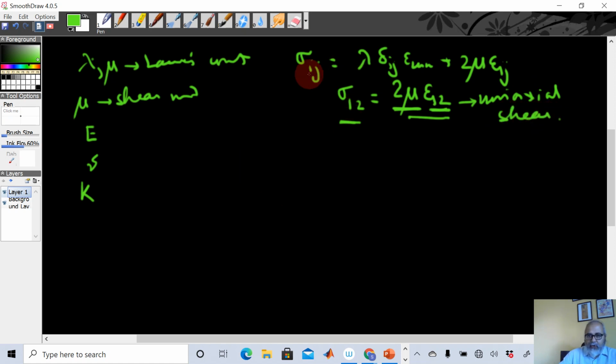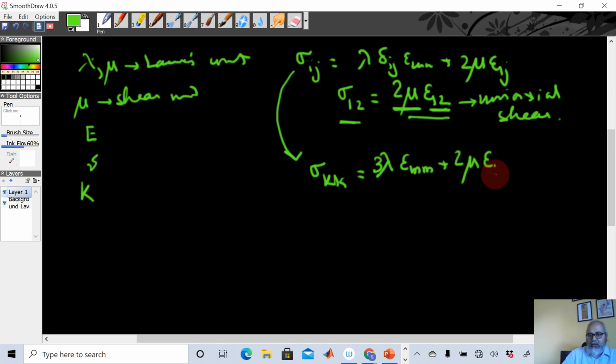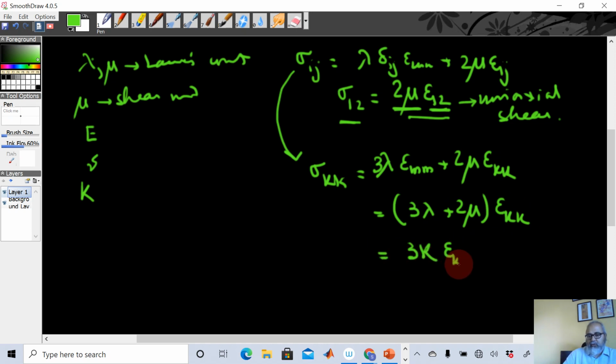Similarly, from here you can immediately see, and we have done this before, sigma kk is equal to 3 lambda epsilon mm plus 2 mu epsilon kk. Kk and mm are the same, so this is 3 lambda plus 2 mu times epsilon kk, and this quantity we call 3 times the bulk modulus.